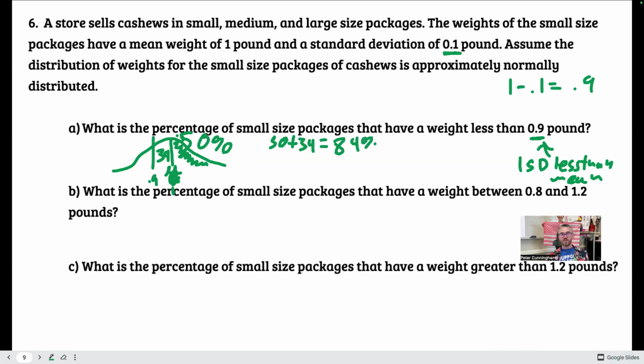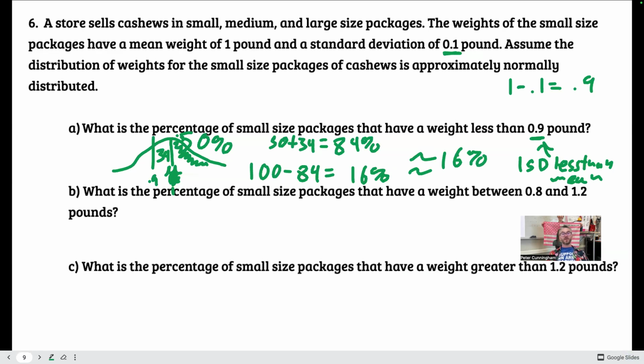And I'm rounding here. I know it's actually like 84.1 something. But these rounded numbers are going to be plenty for the exam. So if 84% are above it, well, then what will be below it, 84 away from 100, is going to be the other 16%. If we want to be a little more accurate, we can say roughly 16%.